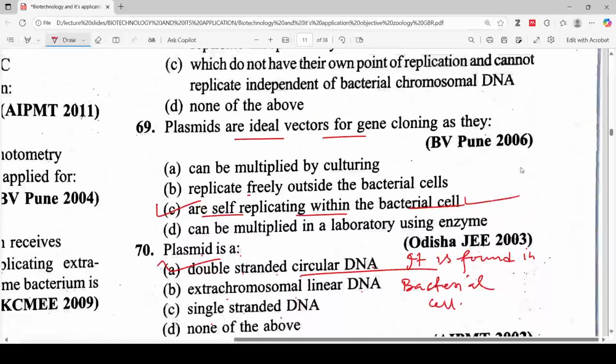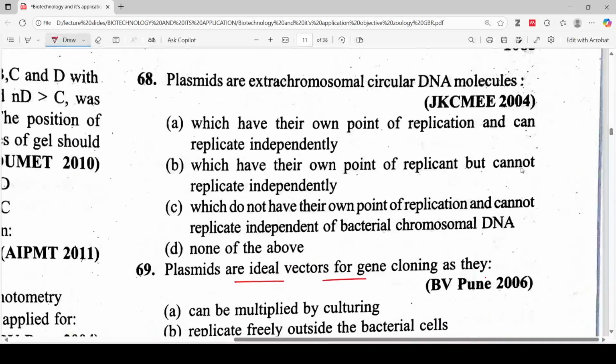So the next question is: Plasmids are extrachromosomal circular DNA molecules which have their own point of replication and can replicate independently. Option B, which have their own point of replication but cannot replicate independently.